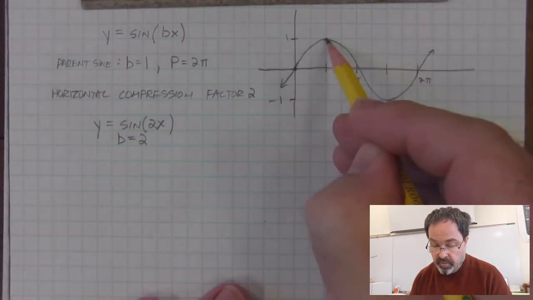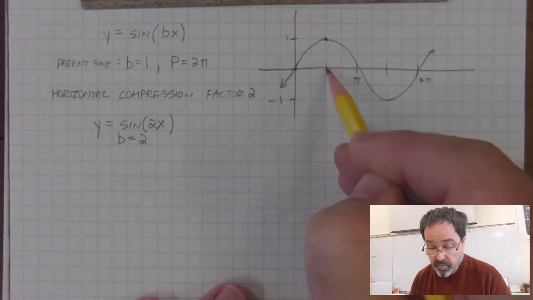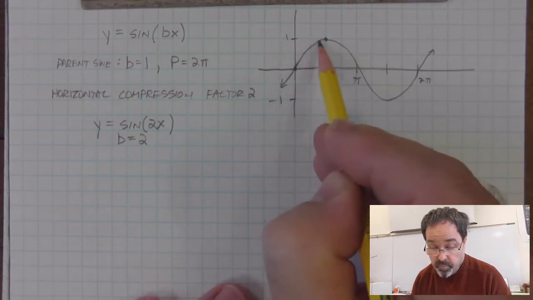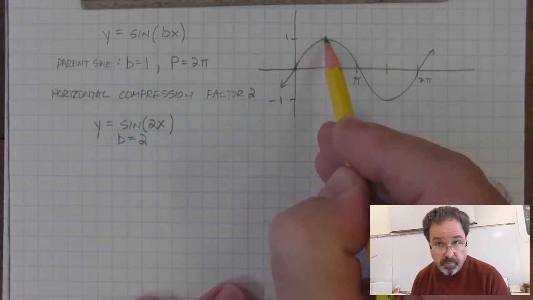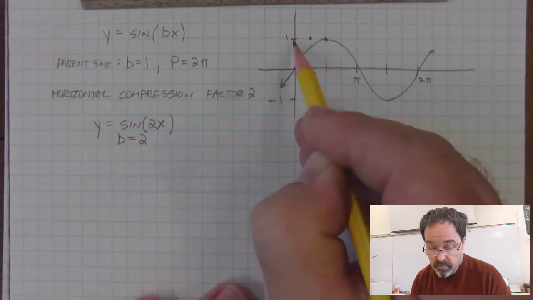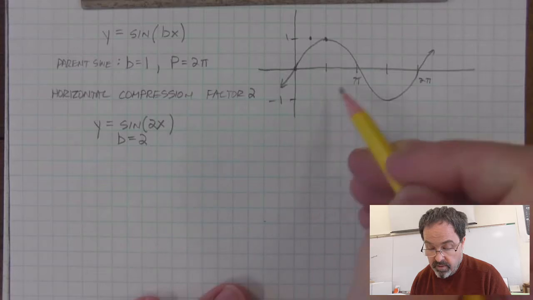Well, in our parent wave, we could imagine there being a point at this maximum. It's at the domain pi over 2, and it has a horizontal distance to this point of pi over 2. So the maximum of the wave after it was transformed would be here, halfway to the vertical axis.